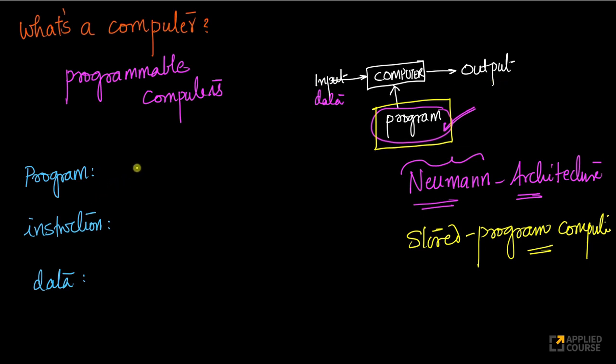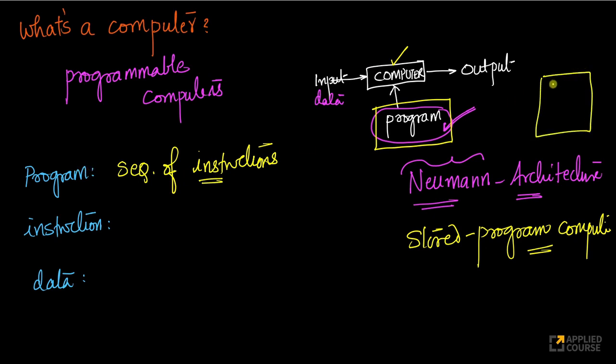So now what is a program? Again, we'll understand programs and instructions in much more detail. A program is basically a sequence of instructions. Remember, at the end of the day, everything that we give to a computer is binary, because a computer is a digital circuit which only understands zeros and ones, right? Now, how do you give an instruction? A program is literally a sequence of instructions.